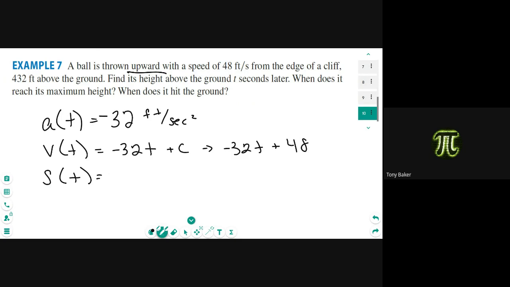Plus 48T. I'll use D for this one. And then we're starting off 432 feet above the ground, right? Plus 432.